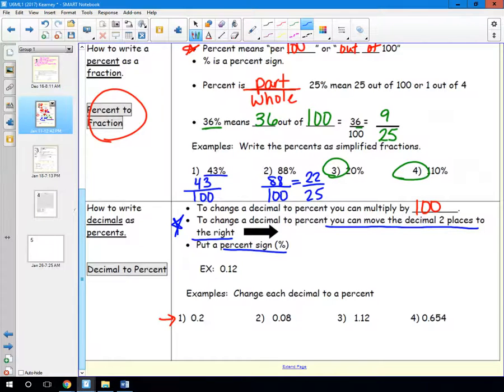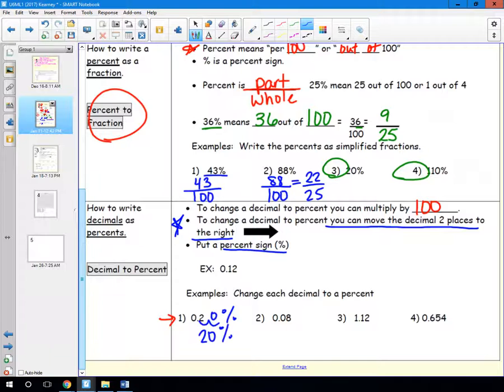So if I'm trying to get to a percent, I'm going to move the decimal 2 places. And what I always remember too is I'm going towards the percent sign. So 0.2, I'm going to go towards the percent sign. I'm going to go 1, 2, add a 0, and add my percent sign. So that's 20%.